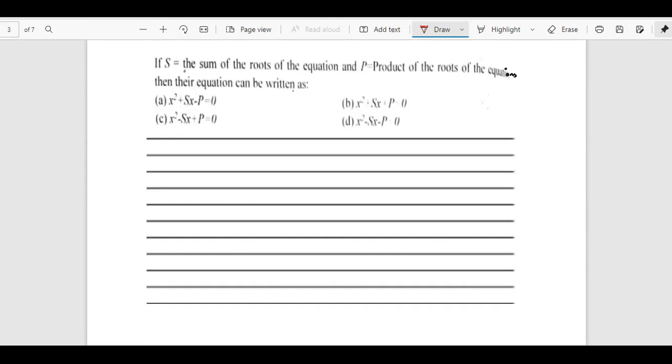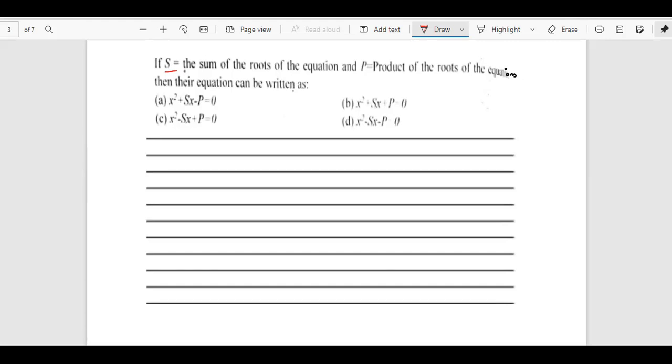The question is, if S is the sum of the roots of the equation and P is the product of the roots of the equation, then the equation can be written as, okay, fine. So S is the sum of roots and P is the product of roots.